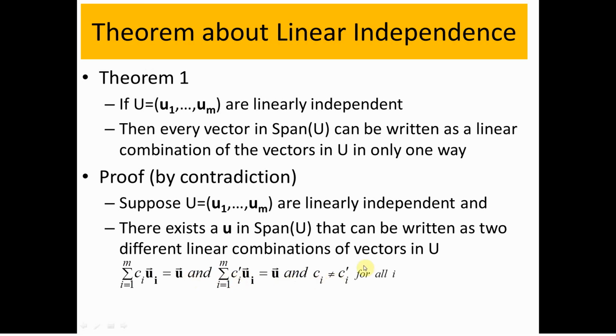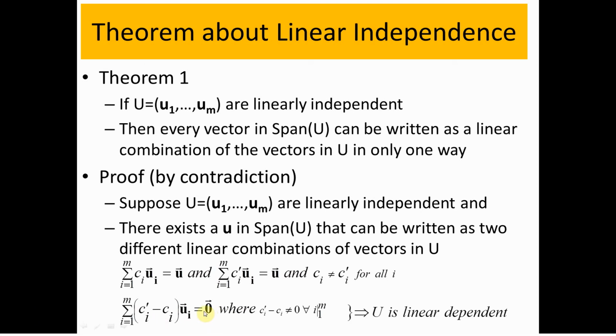And let's show why that gives a contradiction. Because notice when I subtract these two expressions, I get the zero vector. And notice that not all of these coefficient differences are zero. So what I have now is a non-trivial linear combination of the vectors in U that gives me the zero vector.